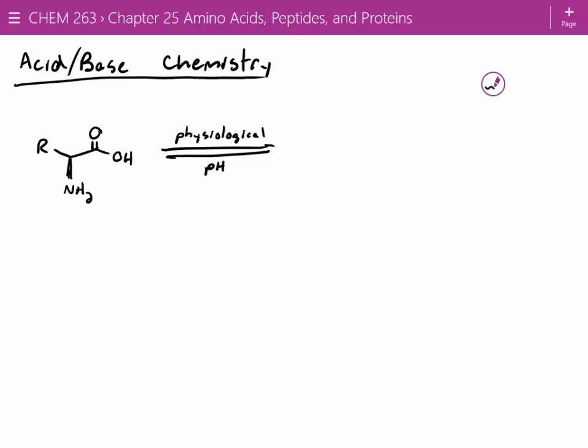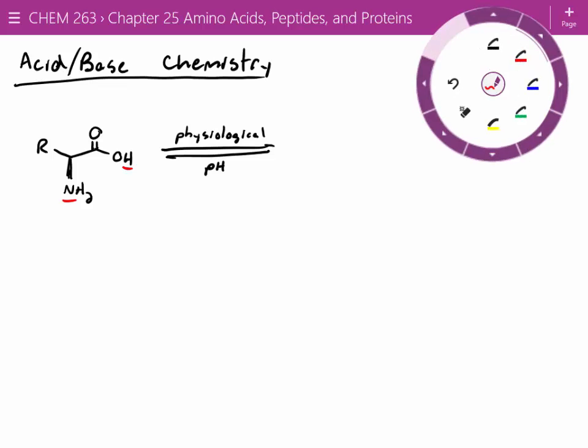Our body has a very tightly controlled pH system. Do you think it's going to look like the amino acid drawn on the left? Will it look like the representation of the amino acid that I've drawn? No. We've got an acid here, and we've got a base there. So we're going to do a proton transfer.